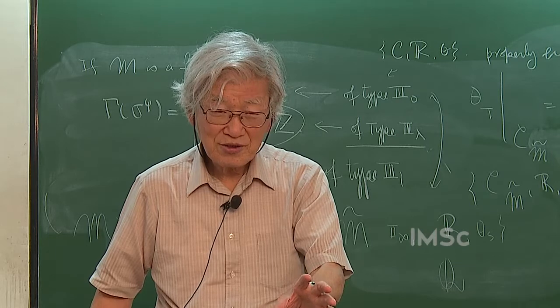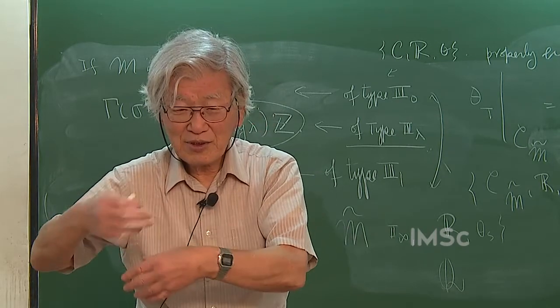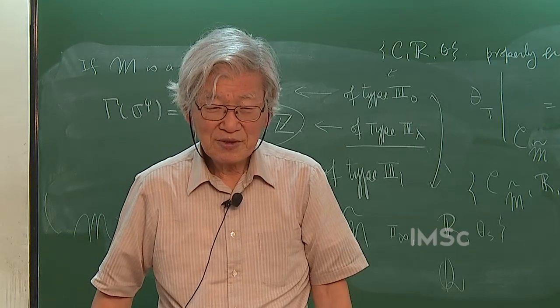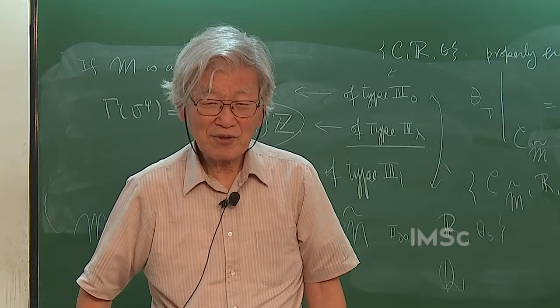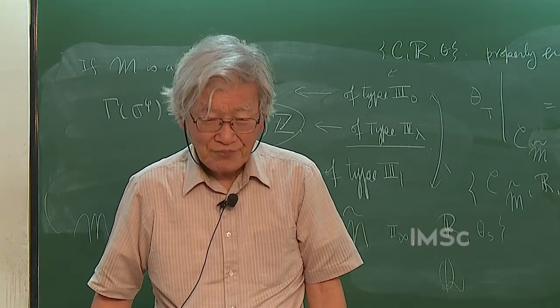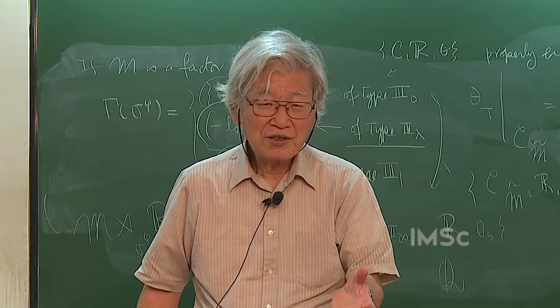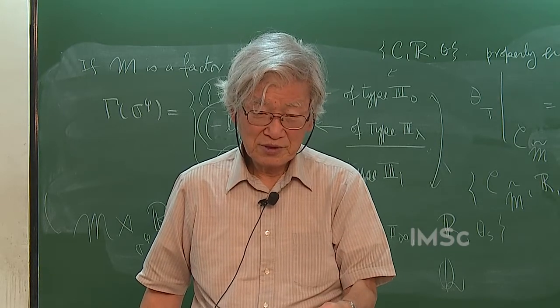But this is not. So when you do that further, and then you analyze what the continuous decomposition is, it's a bit more complicated to say, but it is still a type 3,1 factor. So a discrete decomposition of a type 3,1 factor is possible.